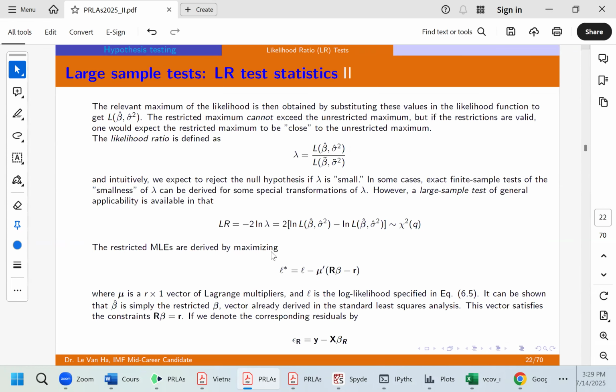Let's say we have the LR test defined in this way. Lambda here is the likelihood ratio evaluated for the unrestricted model and for the restricted model. Then the LR test is defined as this expression here, and it will follow a chi-square with Q.